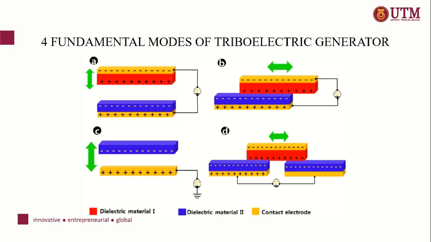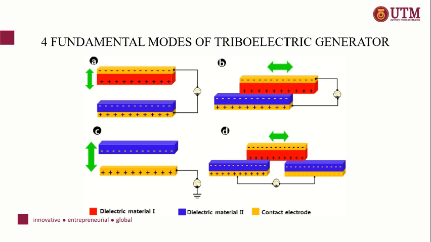As for Figure B, the attached electrode sliding mode triboelectric generator is a typical attached electrode as shown in the figure. When a natural touch and lateral sliding occur, two regular friction forces are present.